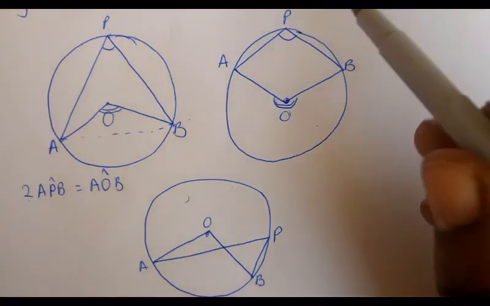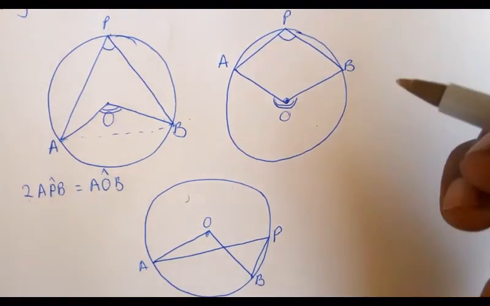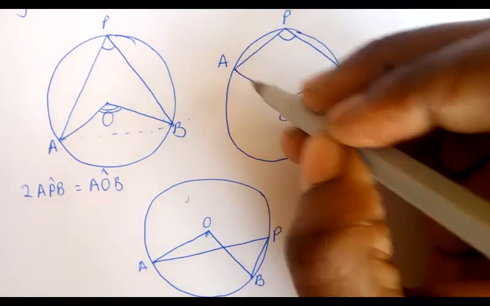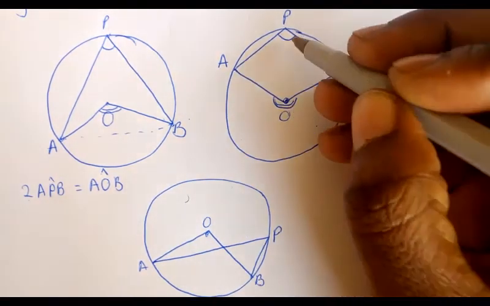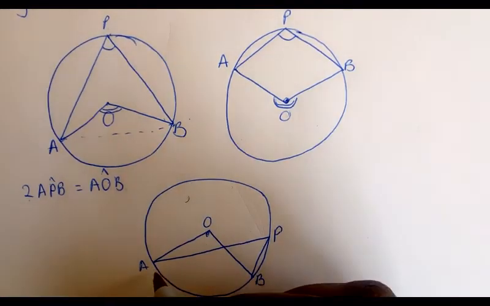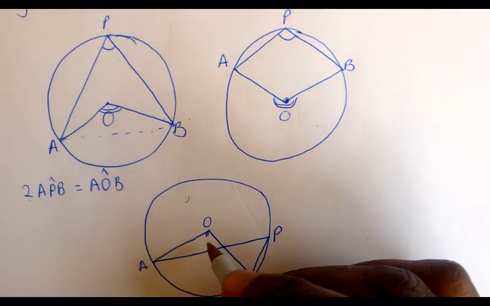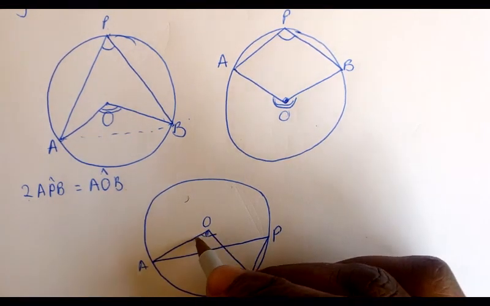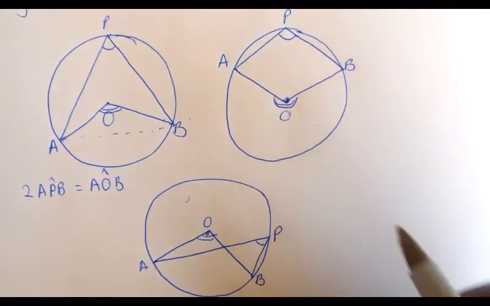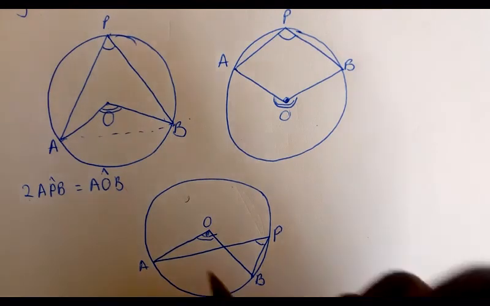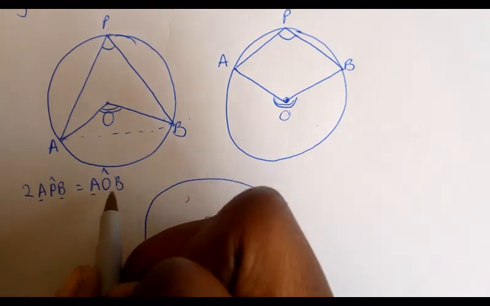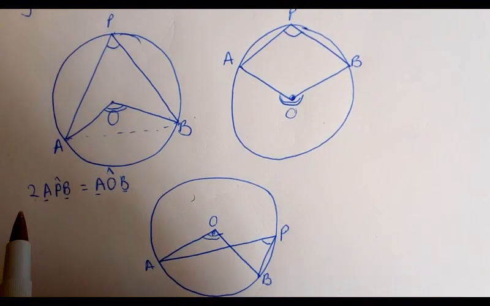Even if you look at this circle, the angle that is subtended at the center by arc AB, this angle, is twice this angle. And also, if you look at this, the angle that is subtended at the center is twice this angle. So the trick is that the angles should be subtended and the starting point and the ending point of the angles are similar.